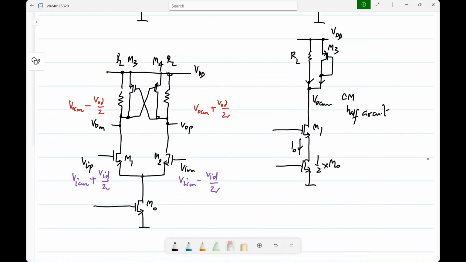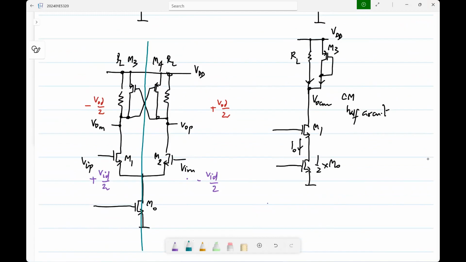So now in the differential picture, what do we have? Which are the nodes along the line of symmetry?